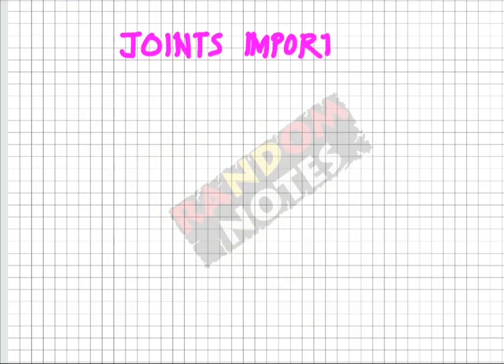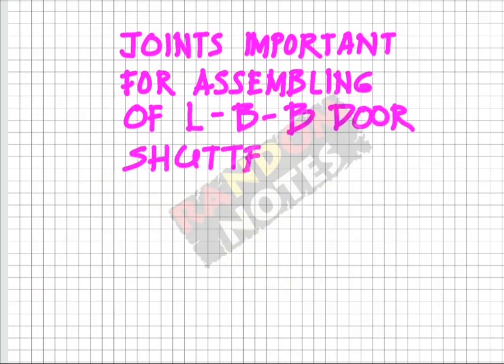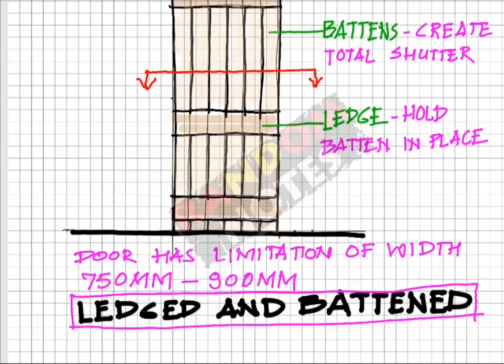Let us understand the joints important for the assembling of ledged, braced and battened shutter. First is the joint between the battens.